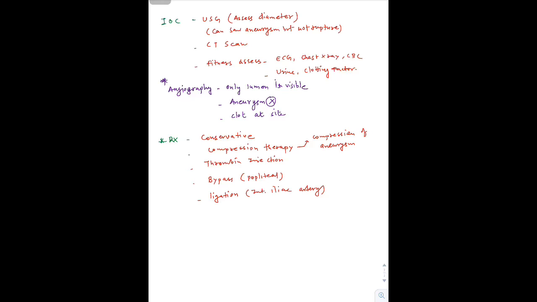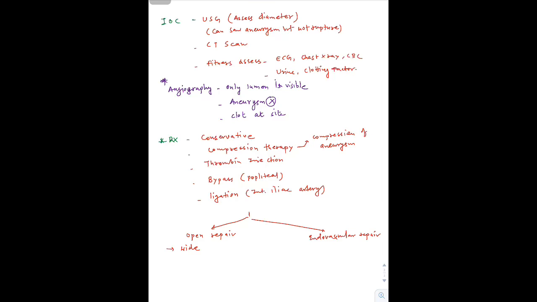So there is open repair and endovascular repair. In open repair, we will open the abdominal part by a wide incision, and then we will repair the affected part of the aorta by putting some stent or grafting.